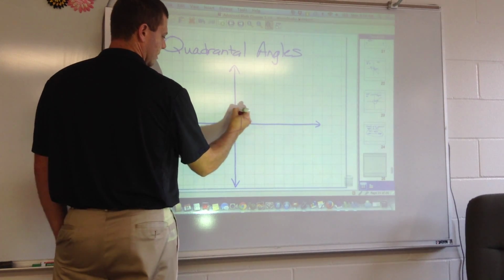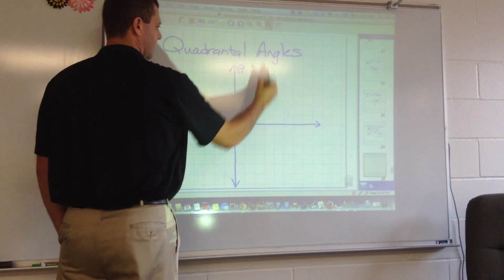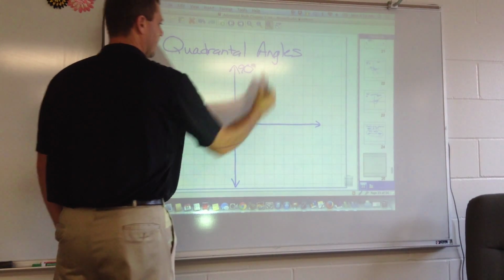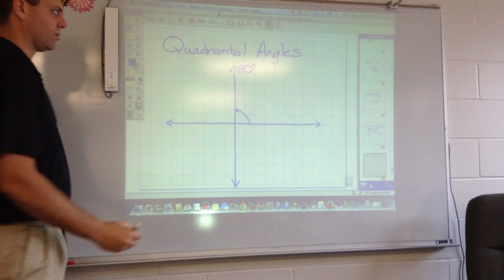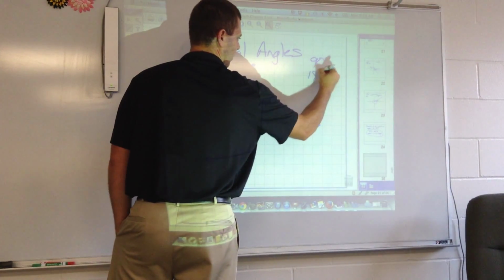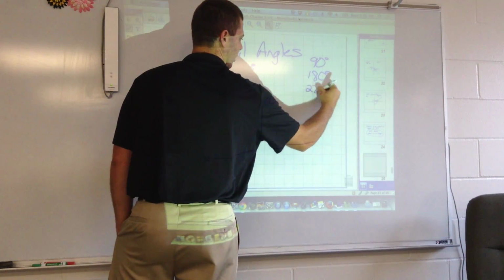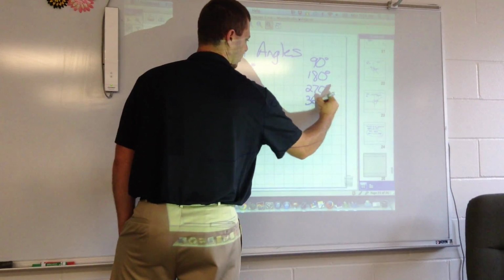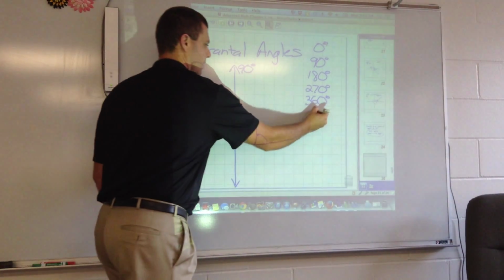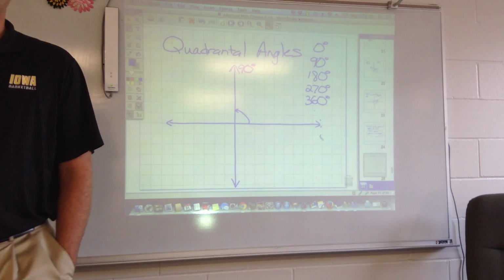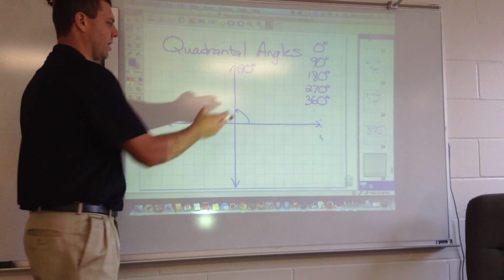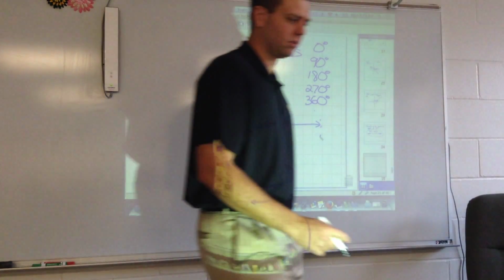So like 90 degrees is a quadrantal angle. 180 degrees, 270 degrees, 360 degrees, 0 degrees for that matter. When you hear me talk about quadrantal angles, I'm just talking about angles that occur right on the axes.